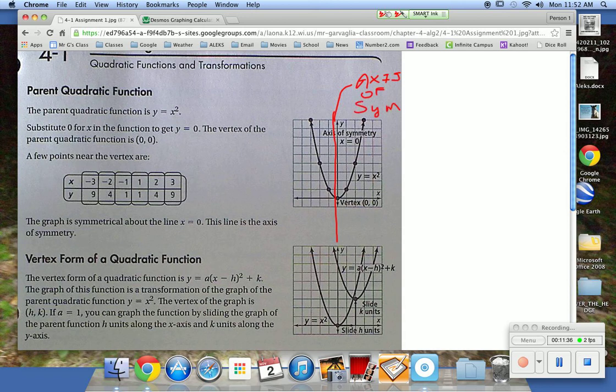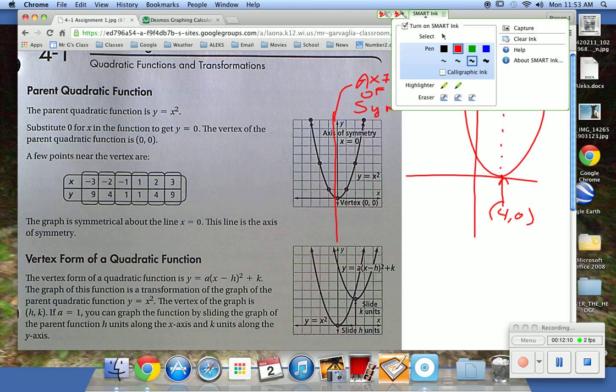If I was going to graph something where this point right here is going to be 4, 0, and I spun it around where this was 4, 0, then that would be my axis of symmetry. That's what the axis of symmetry is.